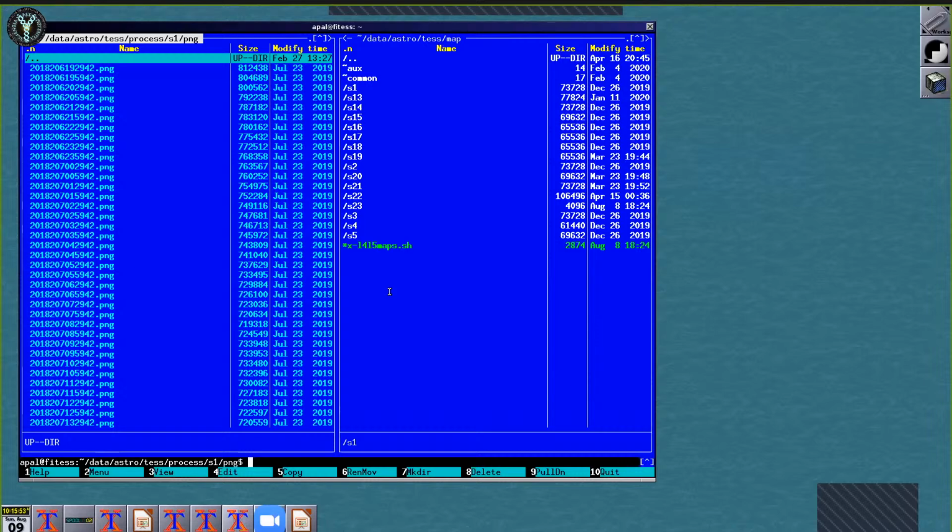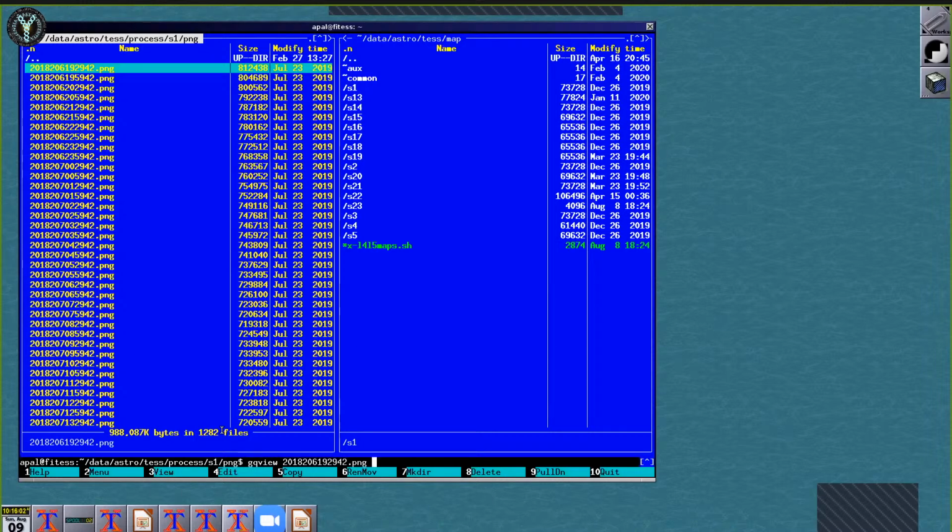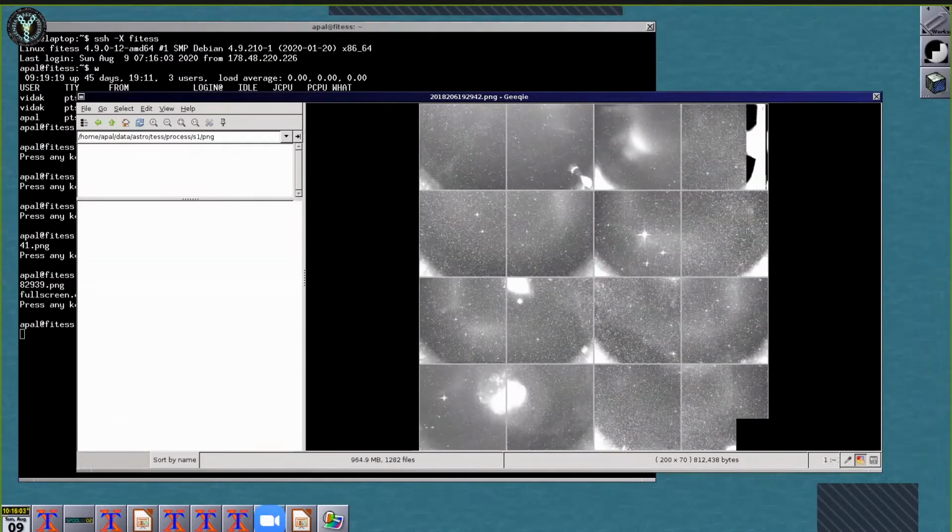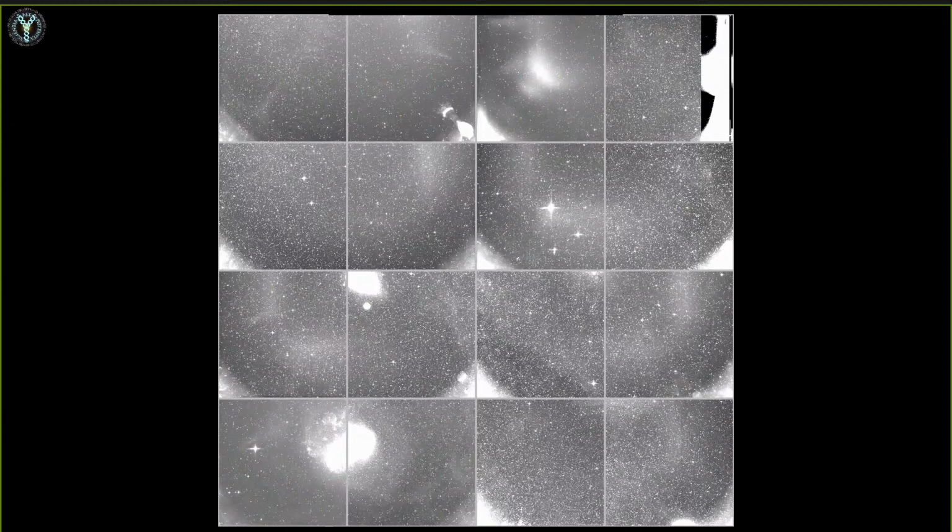In this directory, there are almost 1,300 frames, and these frames show the combined images from the TESS cameras, starting from sector 1. This particular frame is the first public scientific frame series of TESS.